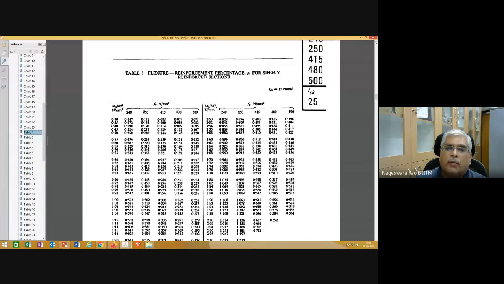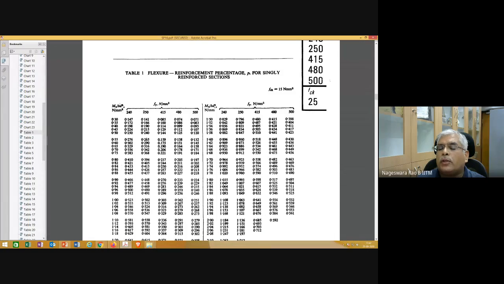Once you have that ratio, you read this: reinforcement percentage, PT for singly reinforced sections. So PT can be obtained by looking at this table.